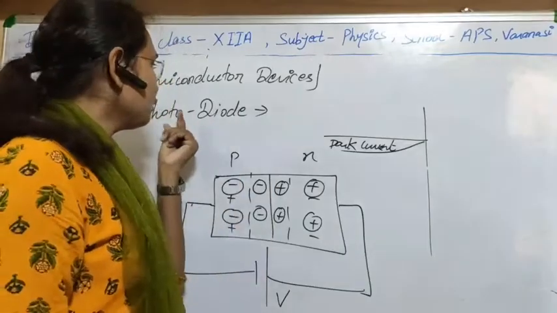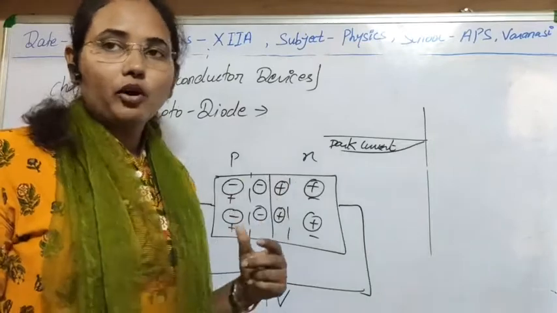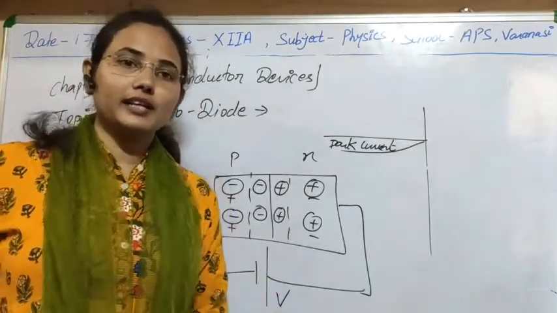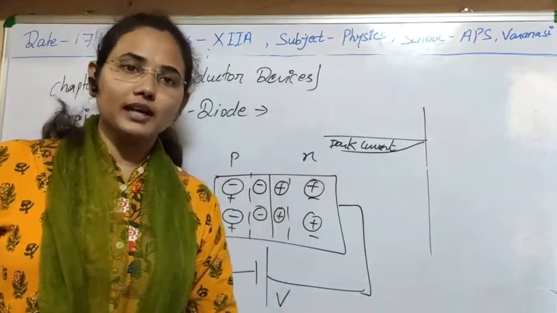Now we have one more thing. As I have told you, with the help of a photon we can also break the covalent bond, and emission of an electron takes place from the surface. This phenomenon, as you know, is photoelectric emission.